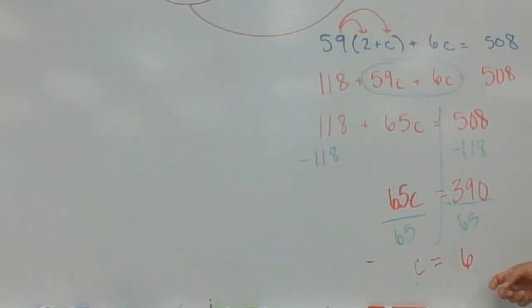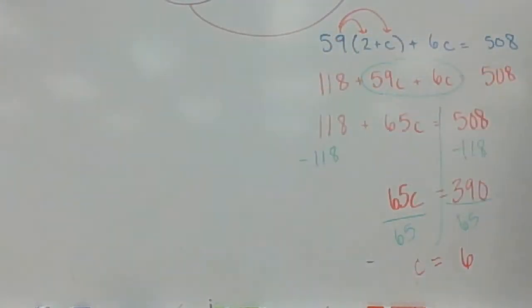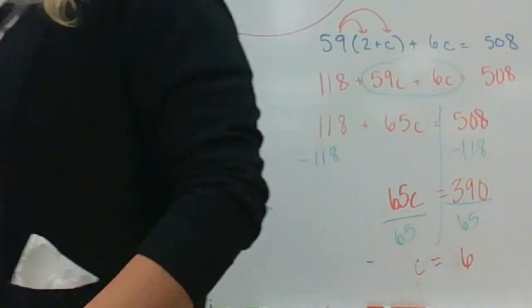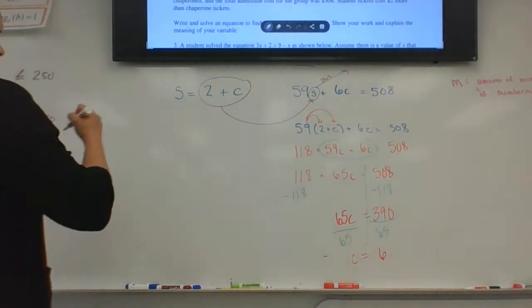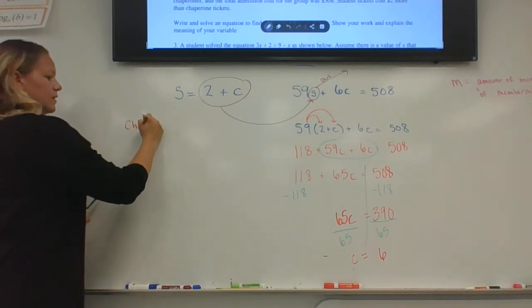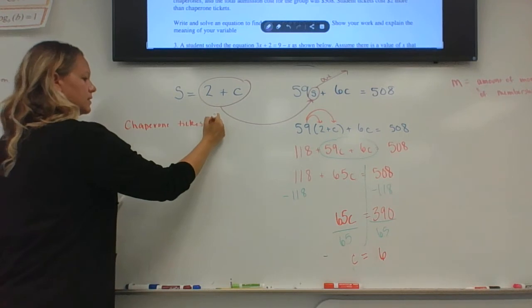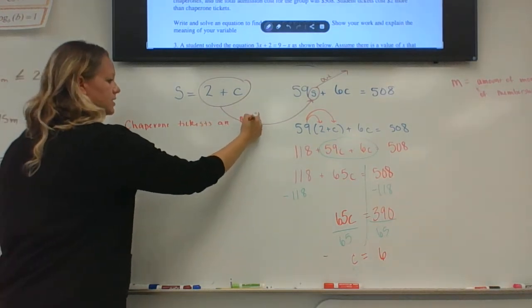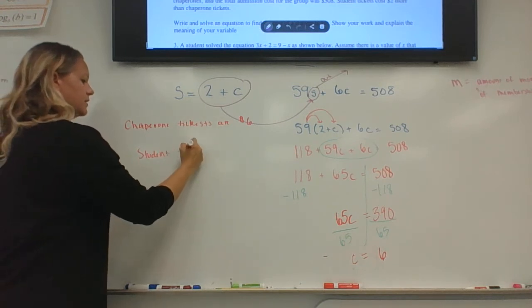So, going back, the way the information was provided, we solved for chaperones, but we know that student tickets are just $2 more than chaperone tickets. So you have to go back, reread, and see, did we solve for the correct variable before you answer it? So chaperone tickets are $6. Student tickets are 8.